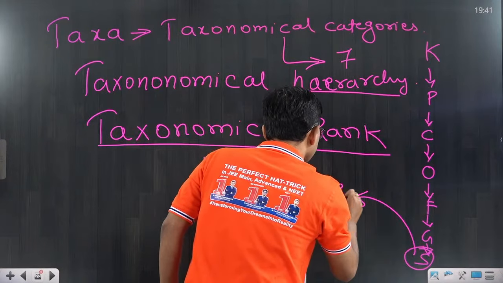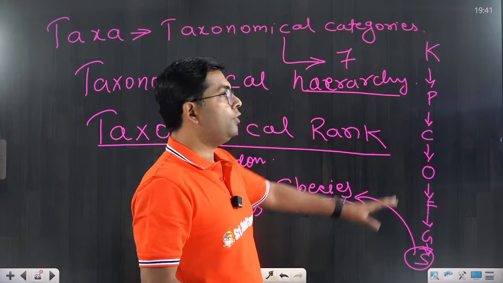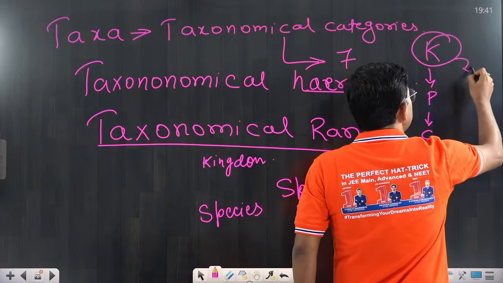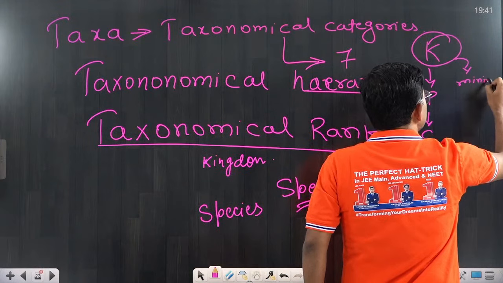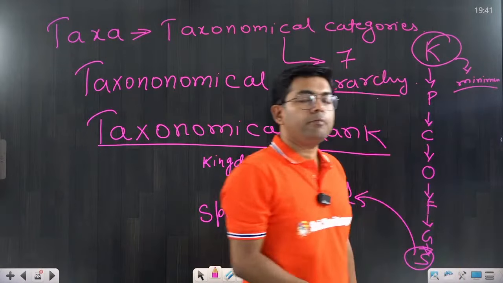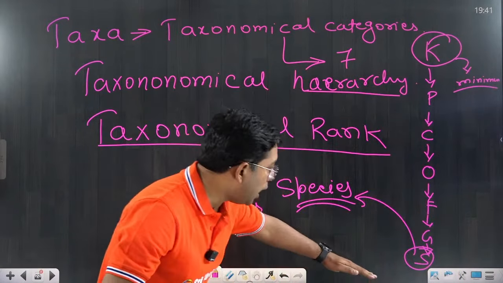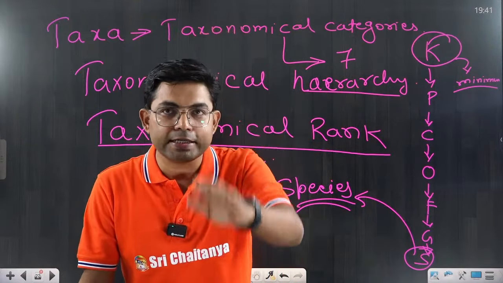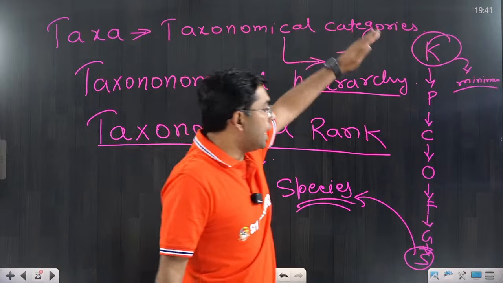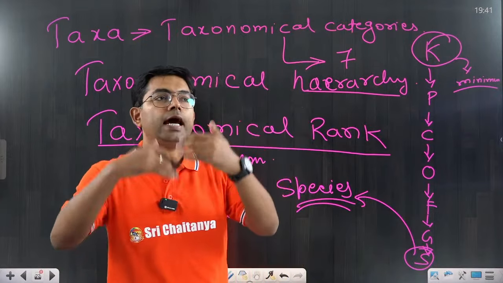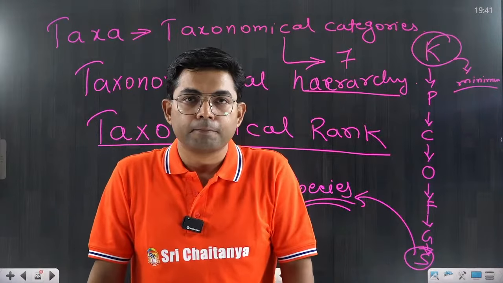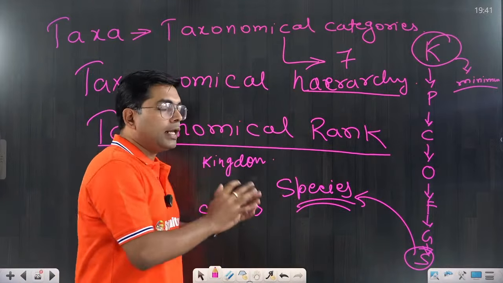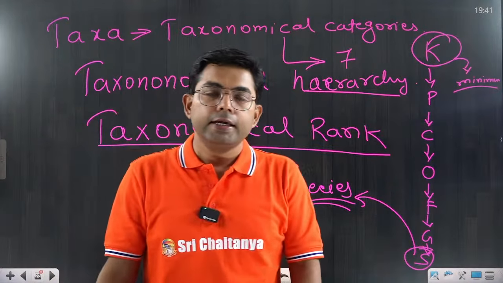Species will have the maximum similarity. And which category will have minimum similarity? Kingdom will have the minimum similarity. So from here, what can we say? As we move up in the hierarchy, the similarity keeps on decreasing, and as we go down in the hierarchy, the similarity keeps on increasing. So with this, the taxonomical hierarchy and categories are clear.